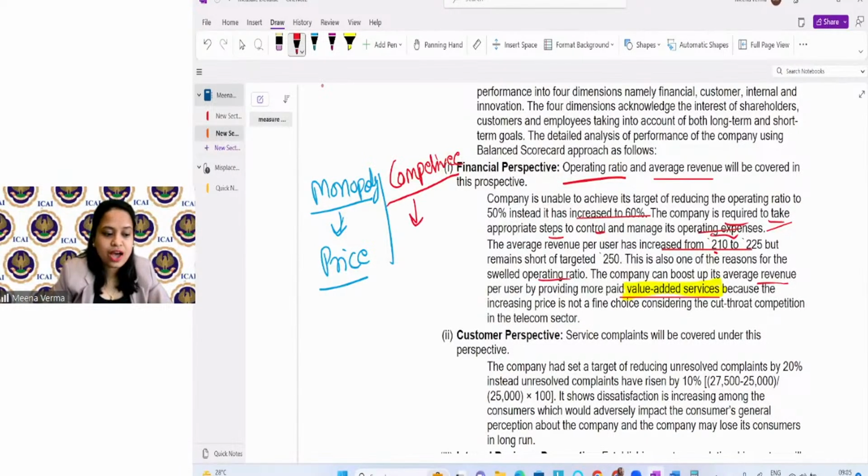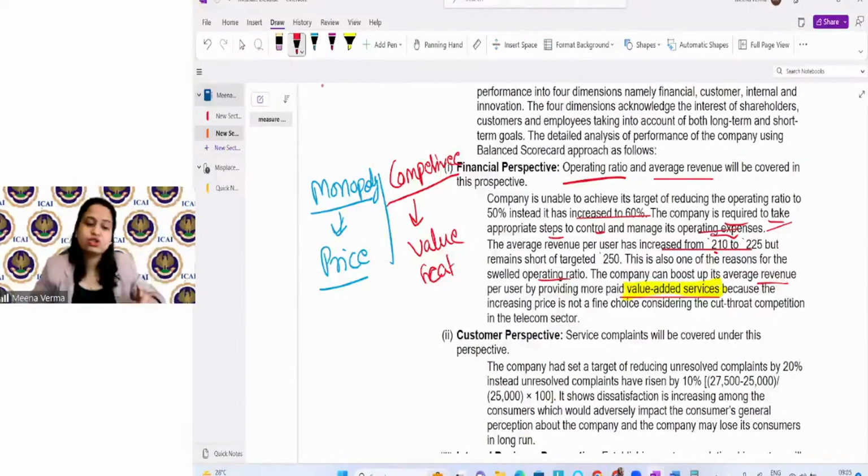What option do you have? Provide more value, more features, more services to the customer. Where it is not possible to increase the price of the goods, provide better services and charge more because you are providing better services. So this is one of the ways you can improve the revenue of the company.